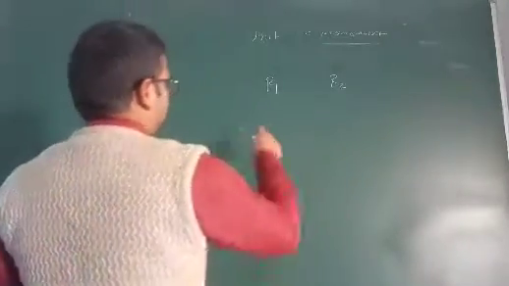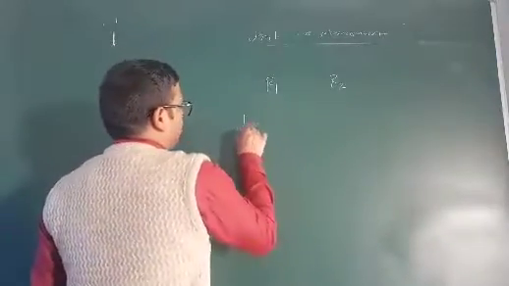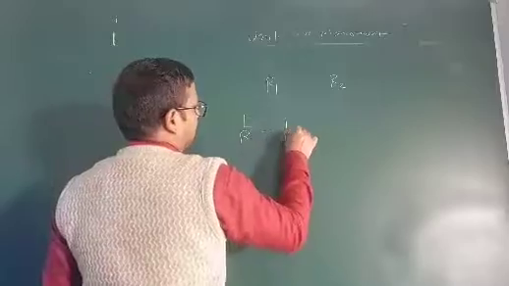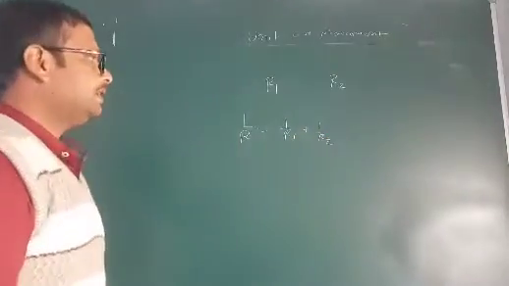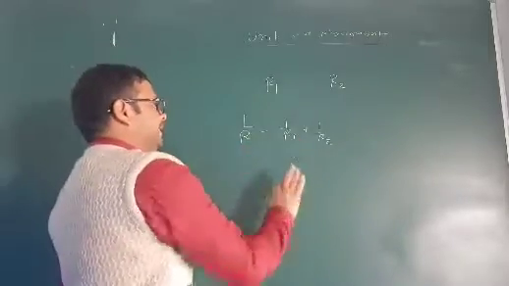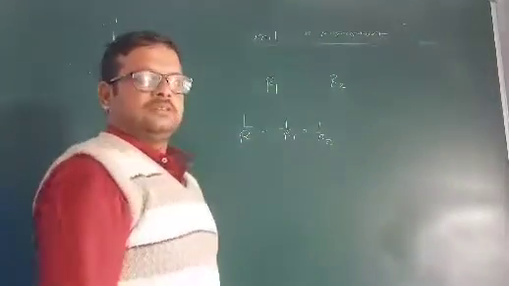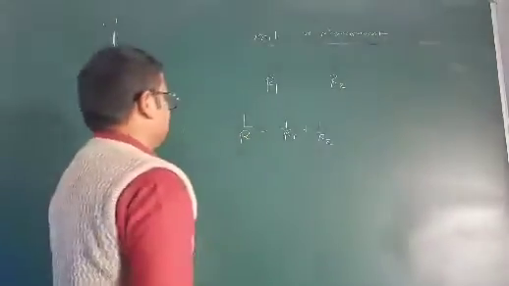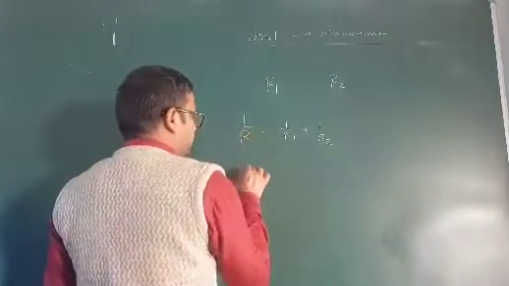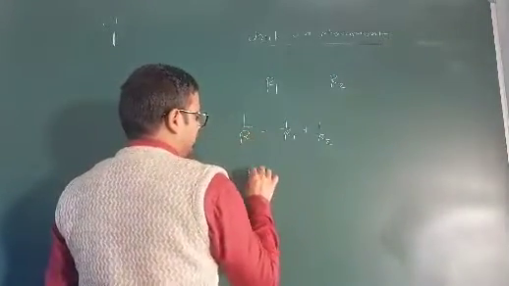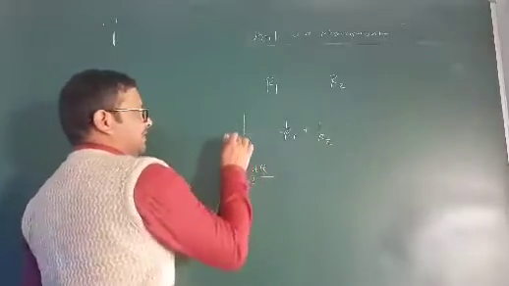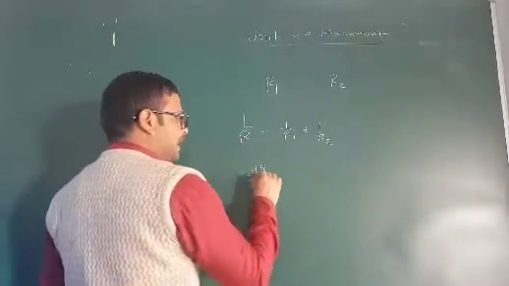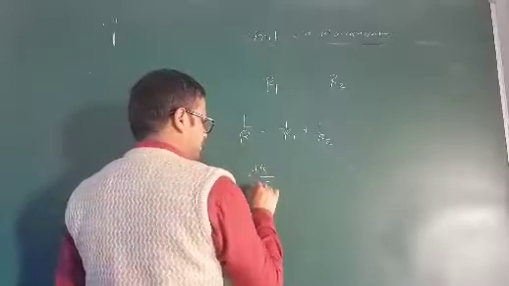In case of parallel combination, you know 1 by R equals 1 by R1 plus 1 by R2. Just differentiate it. So what will become? Minus 1 by R square into dR. The differentiation of 1 by R is 1 by R square with negative sign.